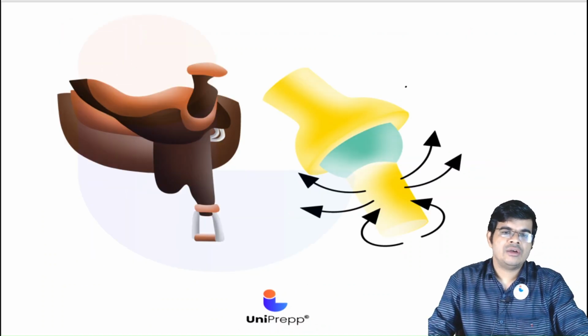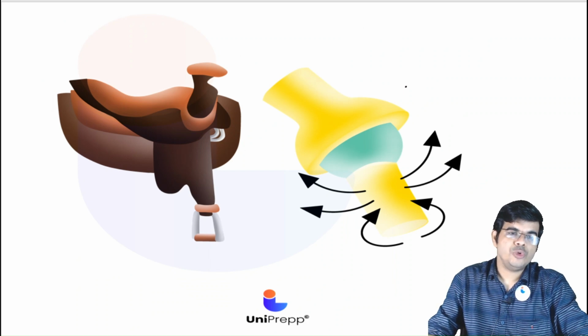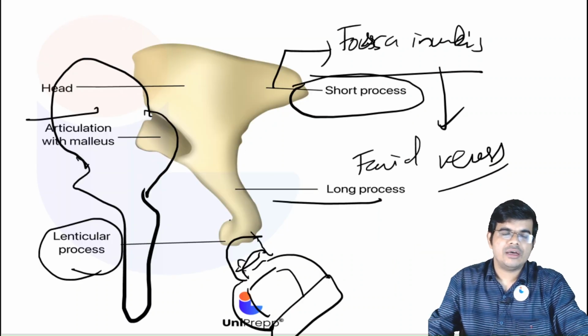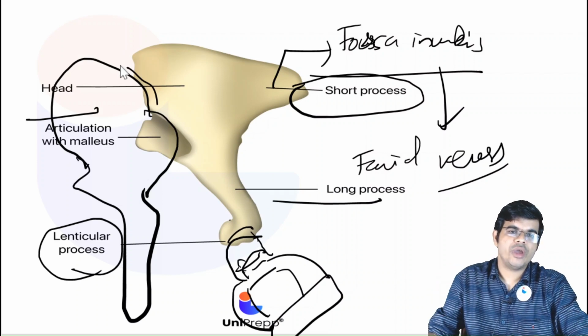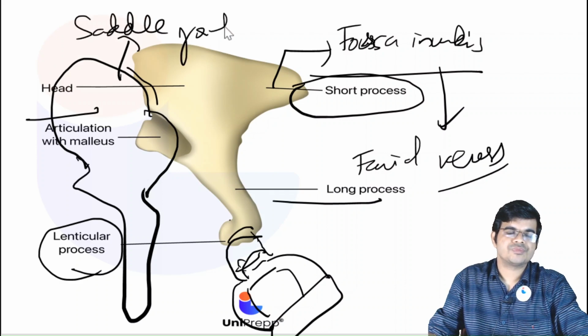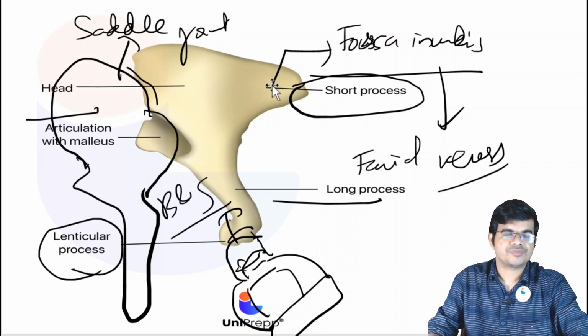And so there are two joints here, right? Between the malleus and the incus you have one joint, and between the incus and stapes another joint. These both are synovial joints because there is movement happening here. The joint between the malleus and incus is a saddle joint, and this is a ball and socket joint.